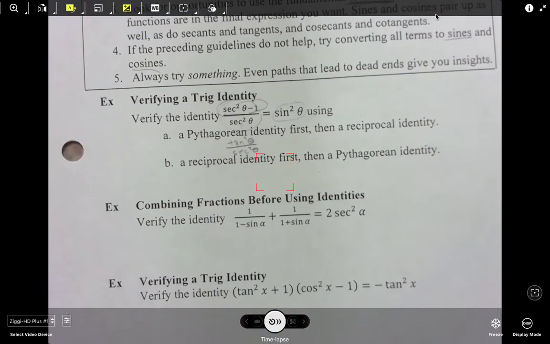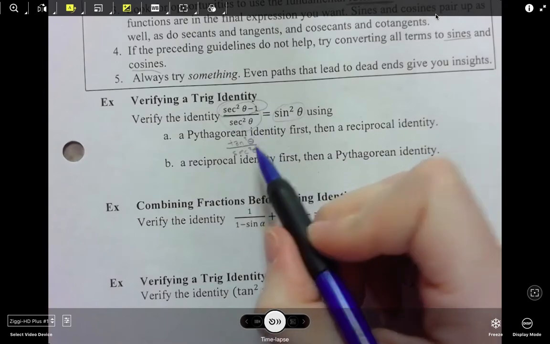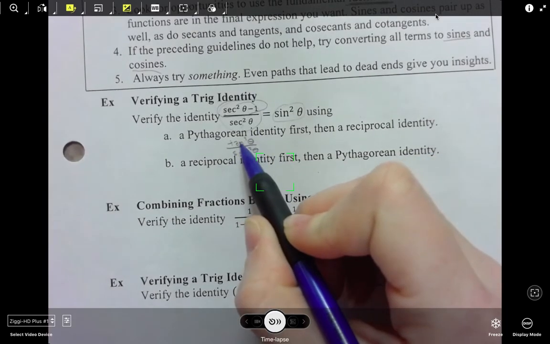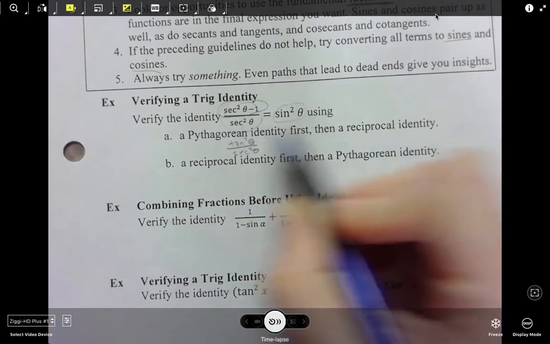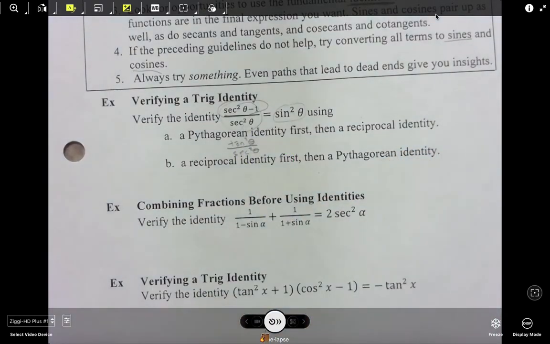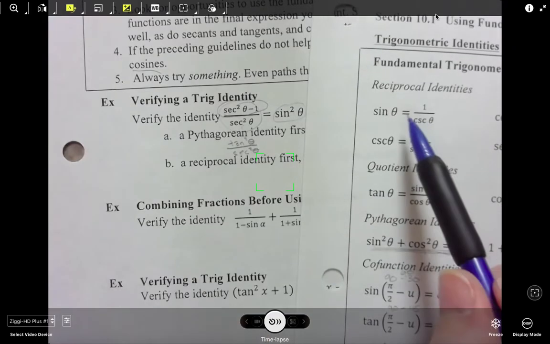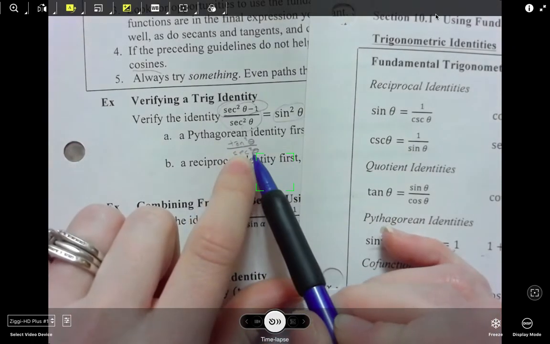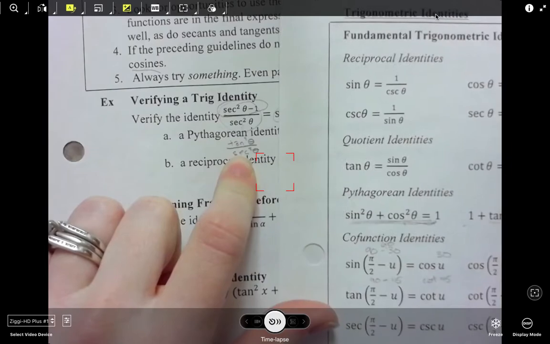Then they want us to use a reciprocal identity. A reciprocal identity would be, let's see, secant is 1 over cosine.